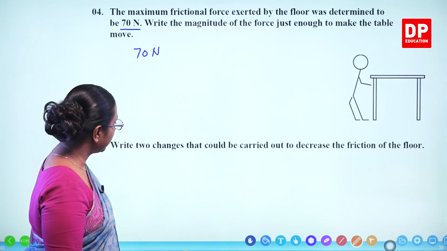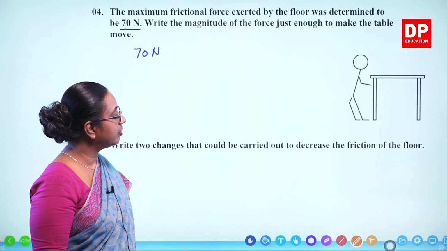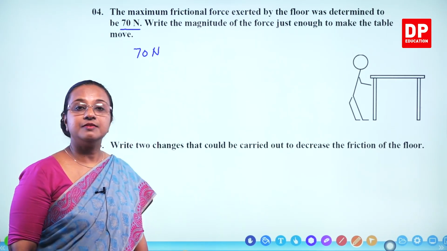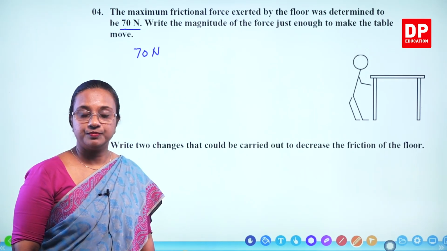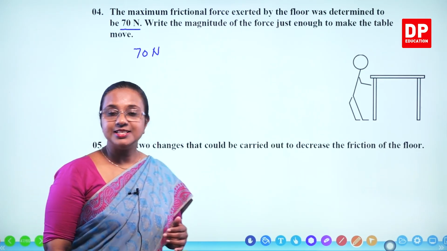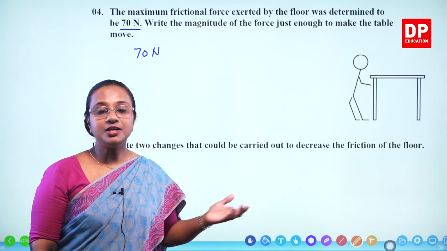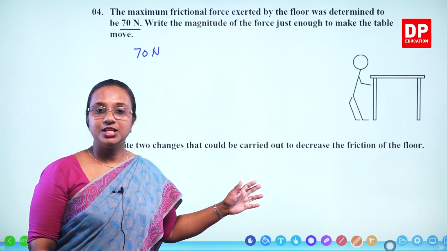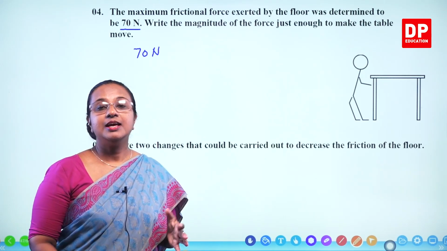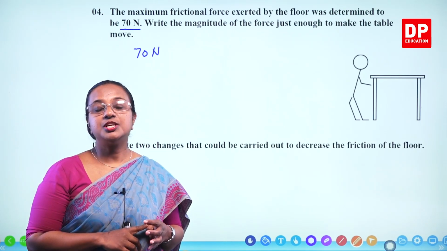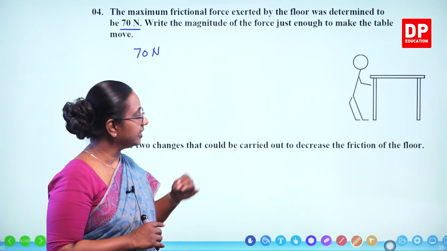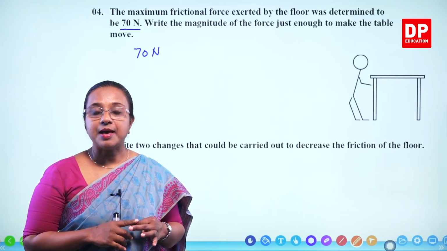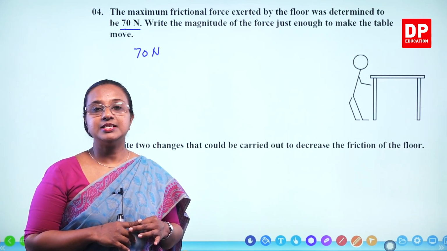Write two changes that could be carried out to decrease the friction of the floor. We have discussed this before and I am sure you know the answer and you have written it correctly. We can polish the floor and make it smooth. We can apply a lubricating agent.